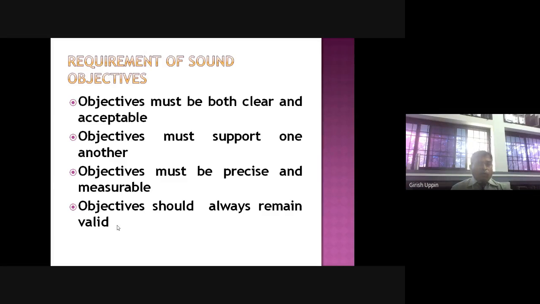Suppose the university has included a particular subject which is outdated, or has already changed, and there are newer technologies. Now in the current situation, that particular objective seems to be invalid. So we have to make sure that the objectives are always valid. As long as objectives are valid, they should be there. The minute one becomes invalid, it should be removed from the list of objectives.